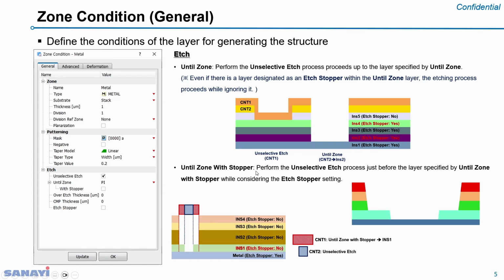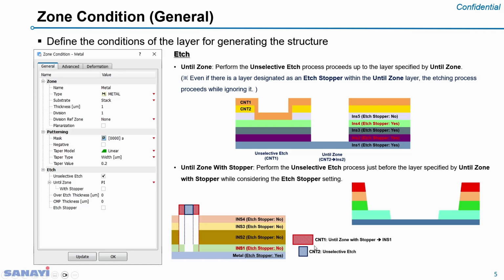Until zone with stopper is an advanced etching function. It means to perform the until zone process while considering whether to apply the etch stopper. Let's take a look at this example. There are two types of CNT mask. From insulator 1 to insulator 4, the etch stopper is unchecked.